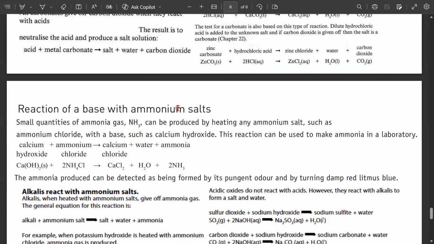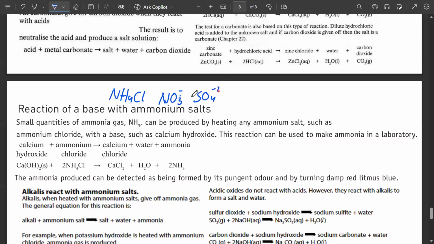What we learned, whenever there is a reaction of a base with an ammonium salt, it can be any compound in which the ammonium ion is bonded with the negative part. That negative part can be chloride, it can be nitrate, it could be sulfate. So any of these negative parts when bonded with the ammonium ion will produce the ammonium salt. One such example is ammonium chloride.